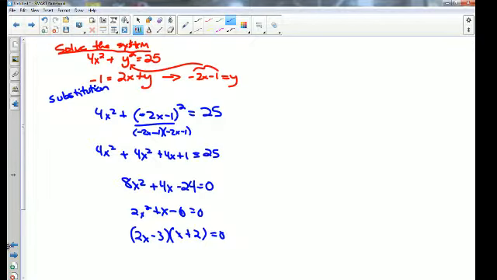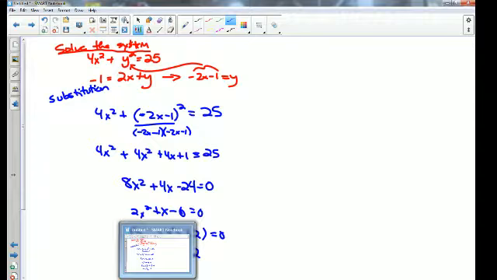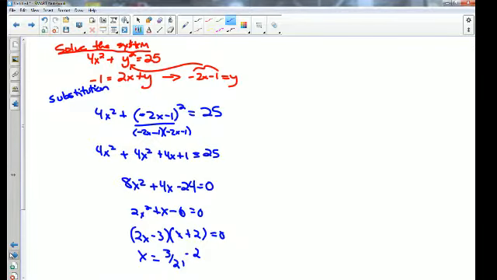Okay, so what are my zeros here? -2 and 3/2? Okay, so I found my x values, correct? How do I find y values? Plug these each into the easiest one.